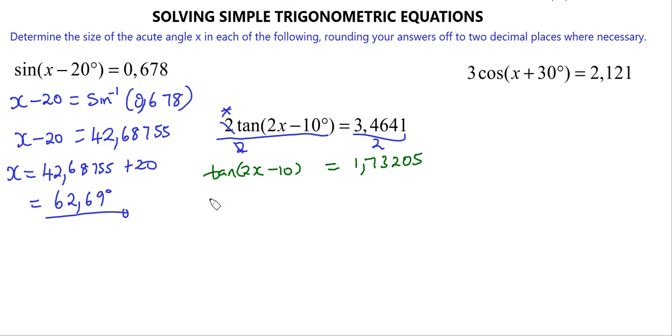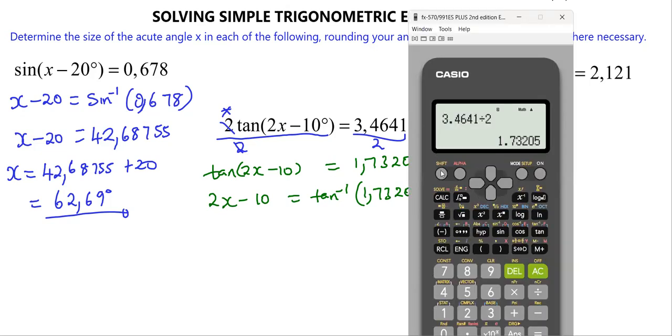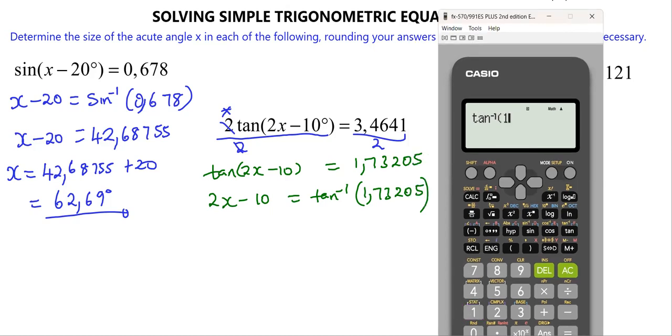We need to get rid of the tan, so it's going to be 2x minus 10 is equal to arctan of what? 1,73205. Then we do that and see that it's going to be shift tan 1,73205.